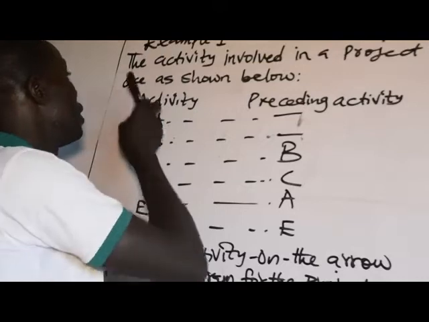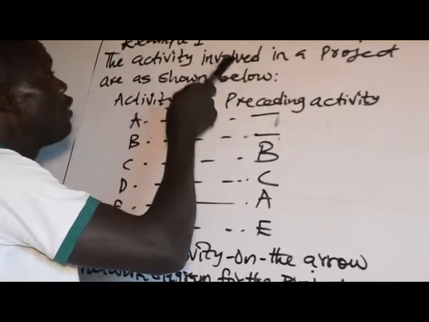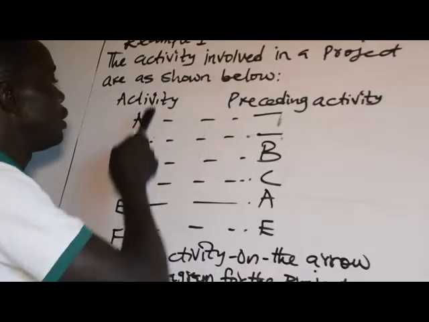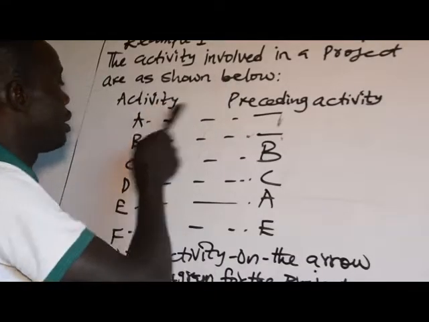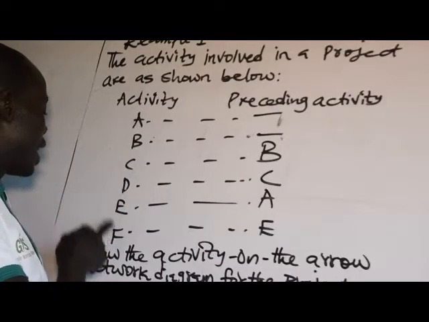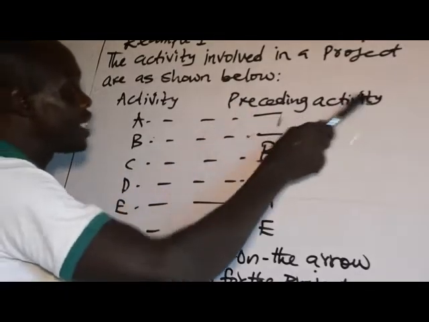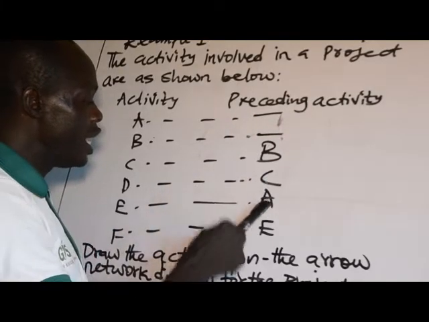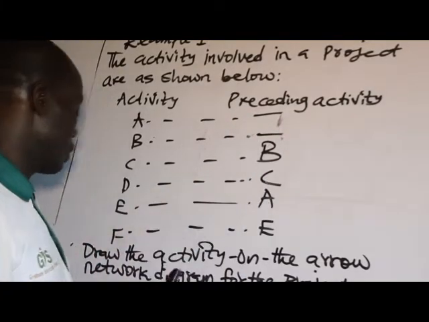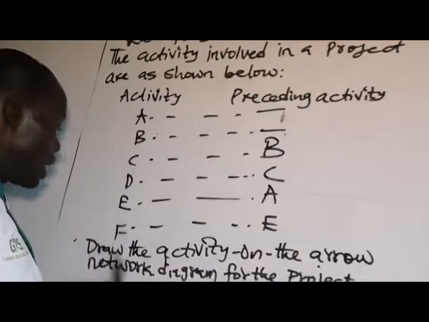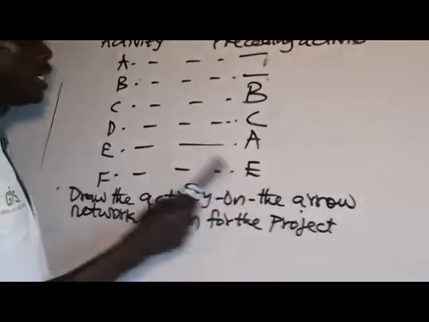Example 1. The activities involved in a project are as shown below. You have the activities A, B, C, D, E and F. Then we have the preceding activities: nothing, nothing, B, C, A, and E. You are to draw the activity-on-arrow network diagram for the project.